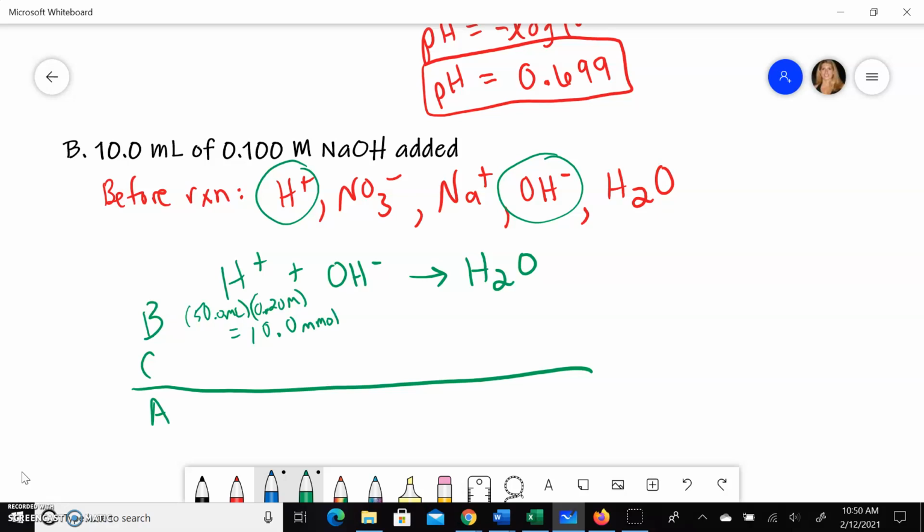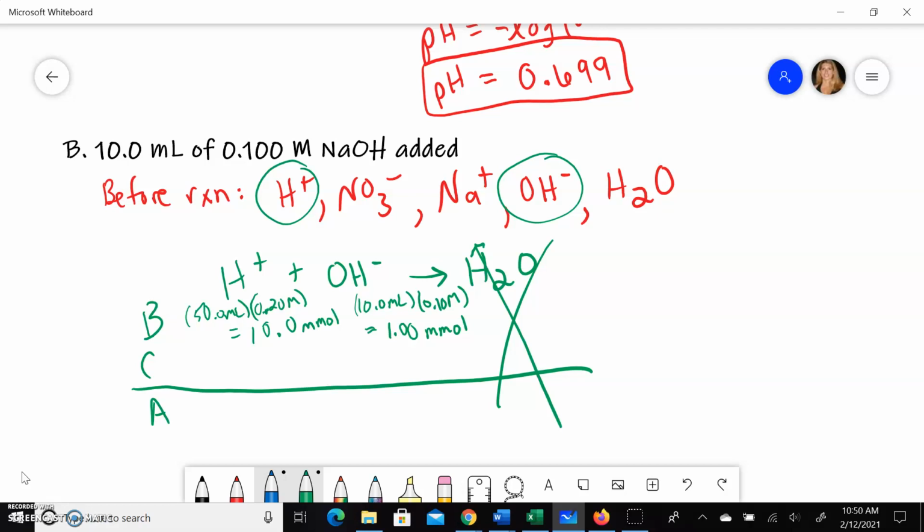For hydroxide, we have 10 milliliters times the 0.1 molarity. So you can see that we have a lot more of the H plus because we've only added a little bit of the sodium hydroxide, and water is a liquid, so we're not worried about that.